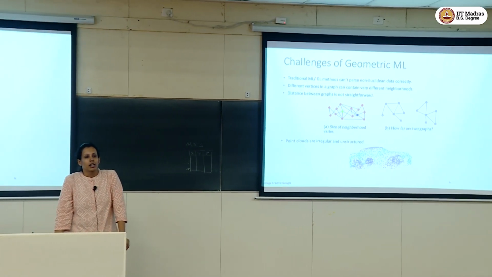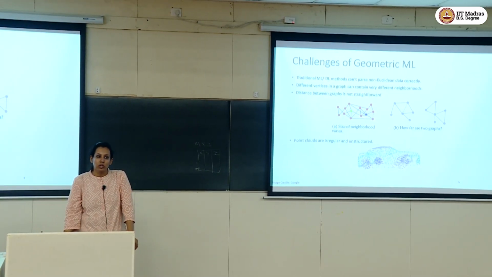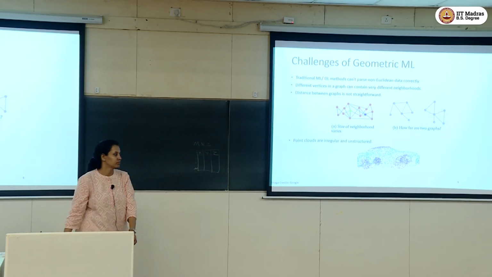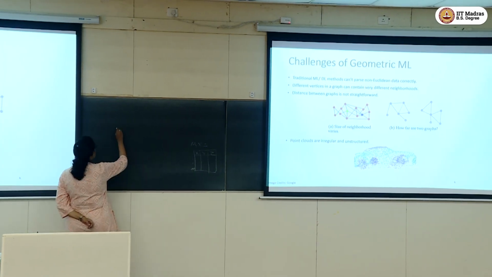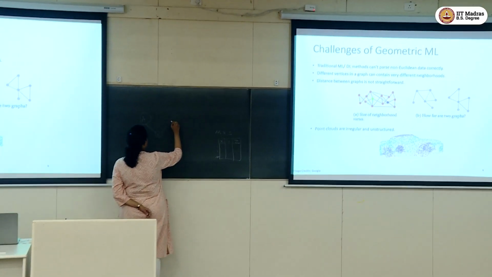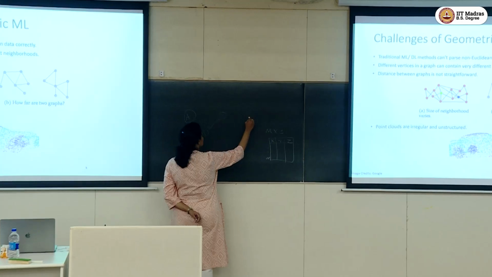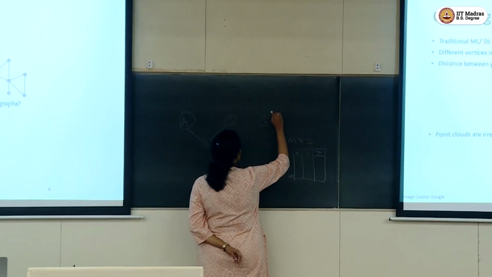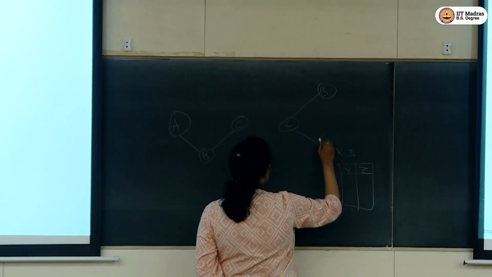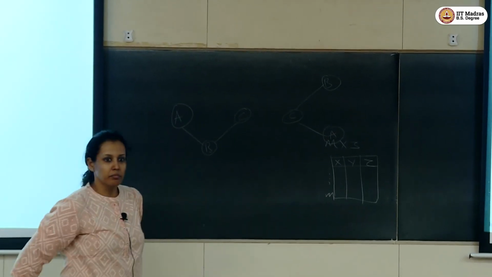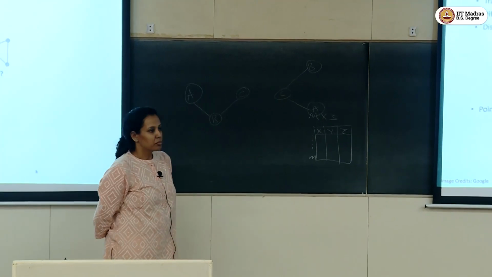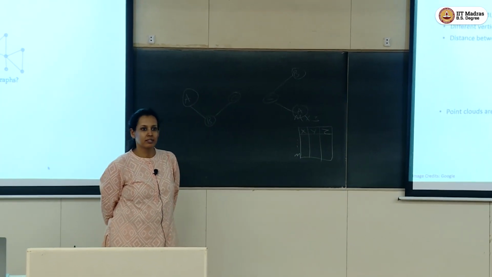So if I give you 2 graphs, can you tell me what is the distance between the 2 graphs? Are these 2 graphs the same, right? But the ordering is different, right?